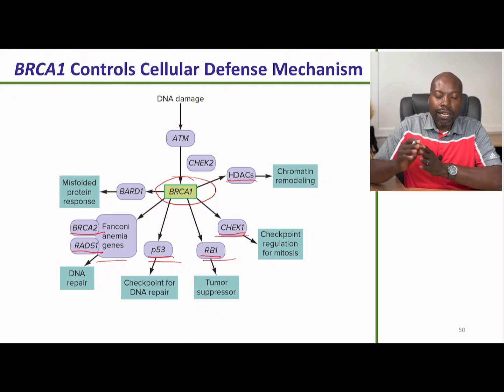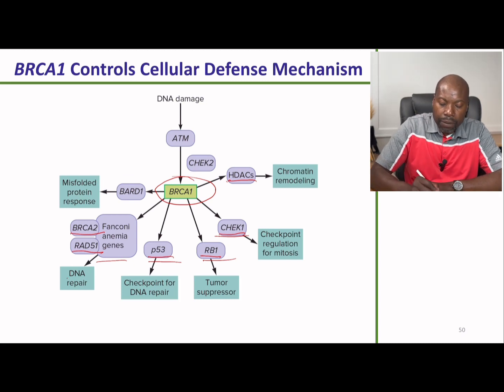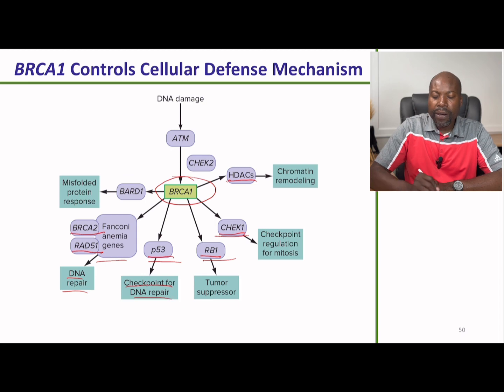So they can be associated with DNA repair, checkpoint for DNA repair, tumor suppressor gene, checkpoint regulation for mitosis, chromatin remodeling, misfolding of protein, okay, response to misfolded protein, and so on.